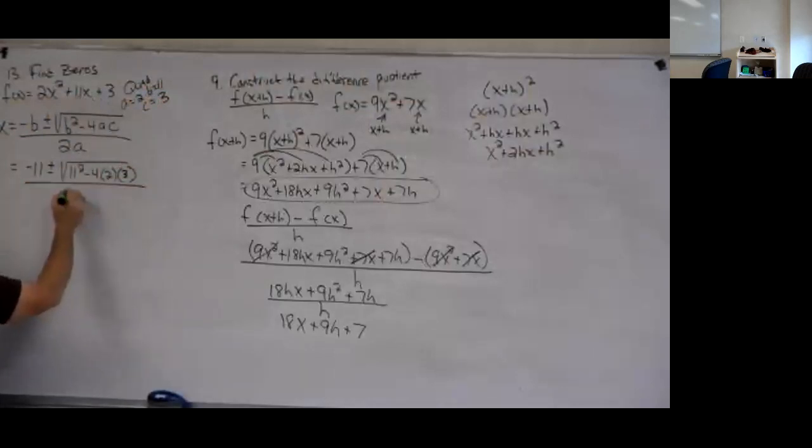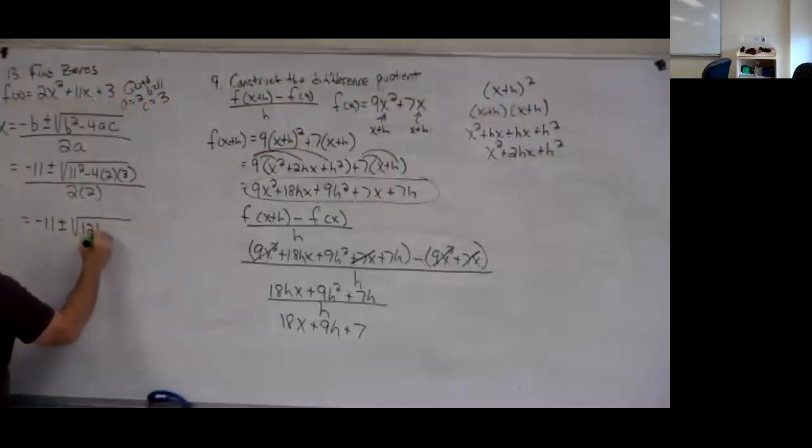On over 2 times a, which is 2. Right, here we go. That brings down that negative 11. All right, let's see what we got under here. 11 squared is 121. Minus 4 times 2 is 8 times 3 is what, 24? All over 4.